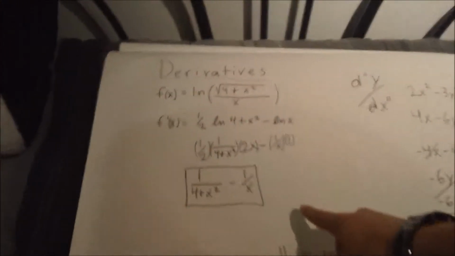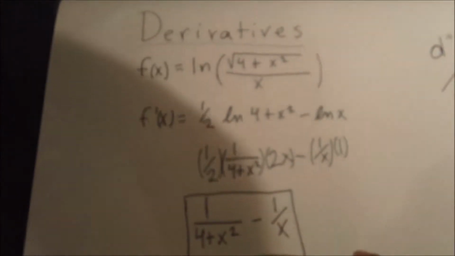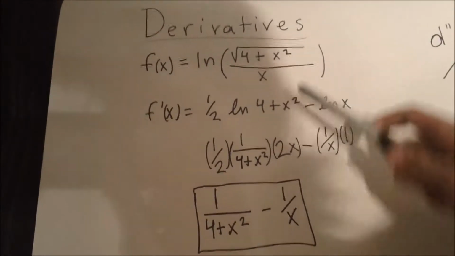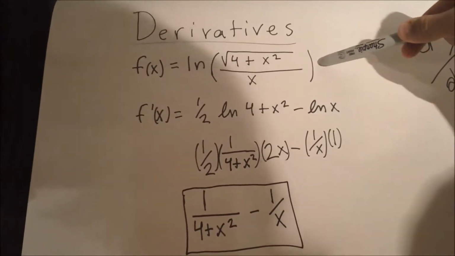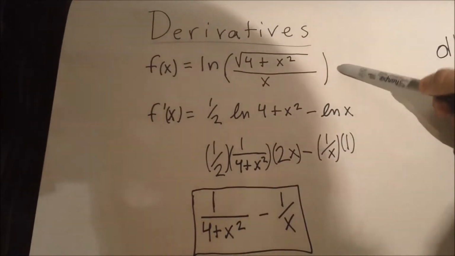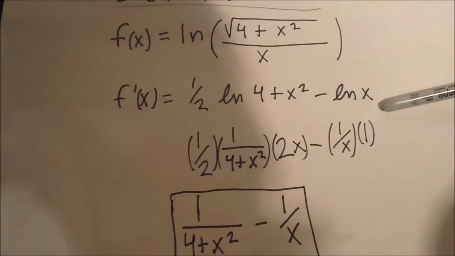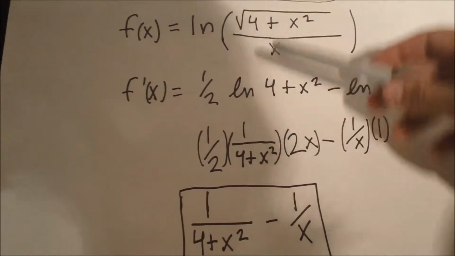Okay, starting with the ln derivative. So for the ln derivative, here is your original equation. This is where we start. We're going to change this into this function right here, showing ln times everything.